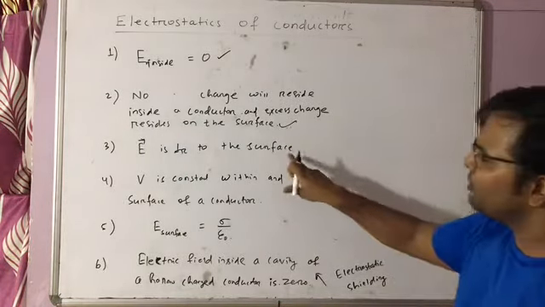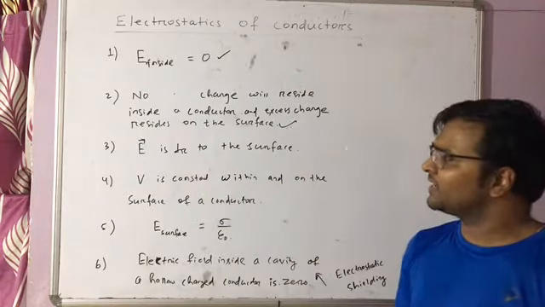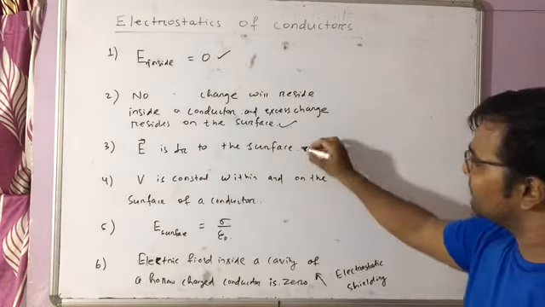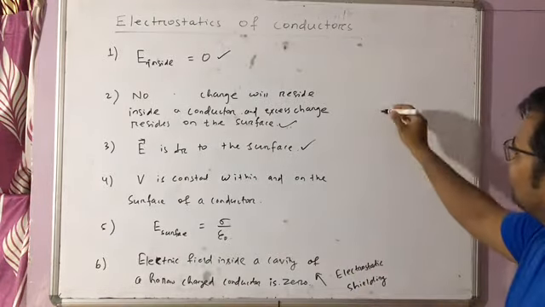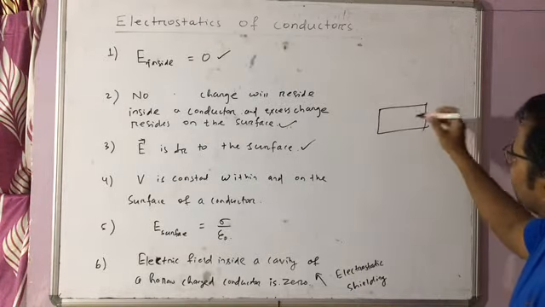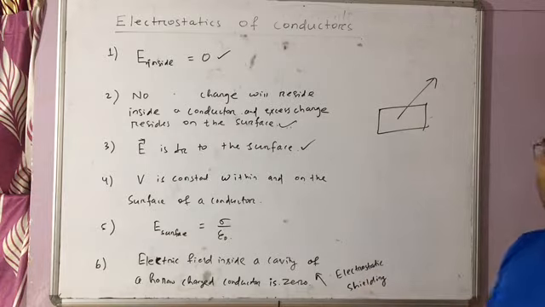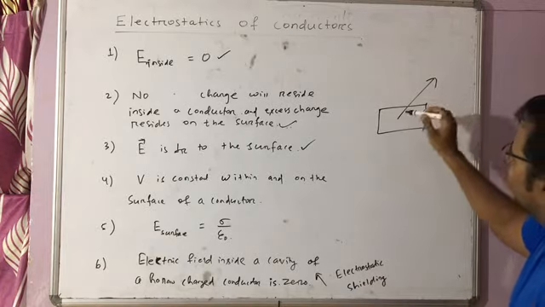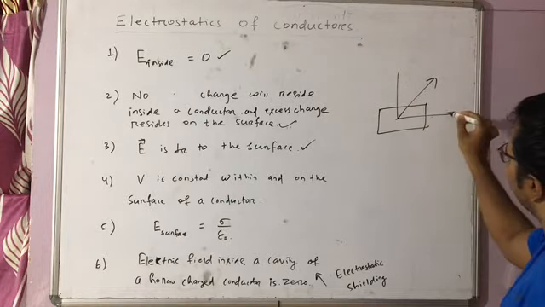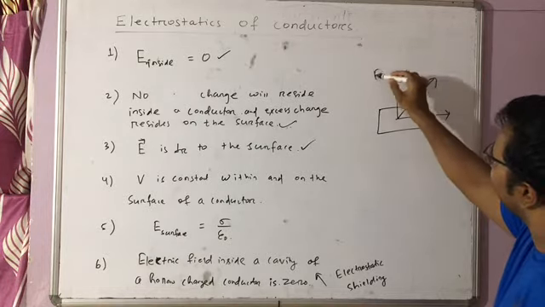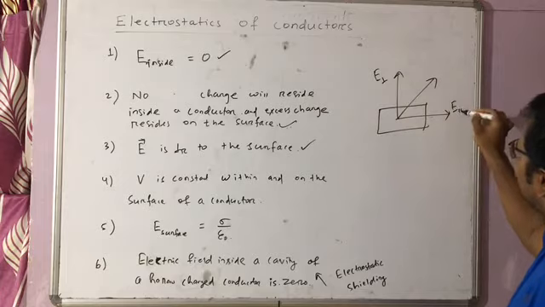And this is most important here. Already we have discussed electric field is perpendicular to the surface. If the electric field is not perpendicular, we can resolve it into two components, one perpendicular component and one parallel component.